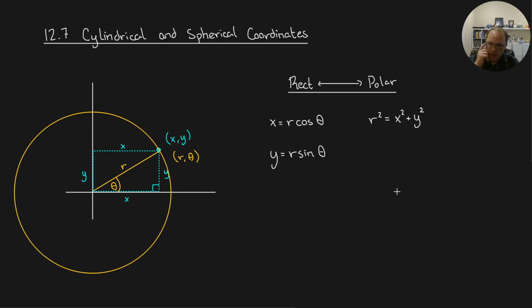Okay, and what about theta? How could I relate angle theta here to x and y? Well, again, a little trigonometry. Tangent of theta is going to be opposite over adjacent, y over x. And this is our set of equations that allow us to transition between the rectangular coordinate system and the polar coordinate system.